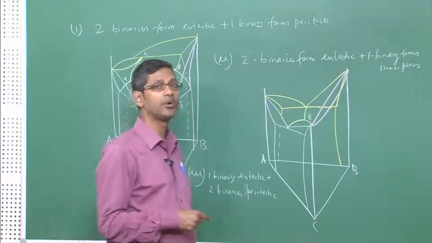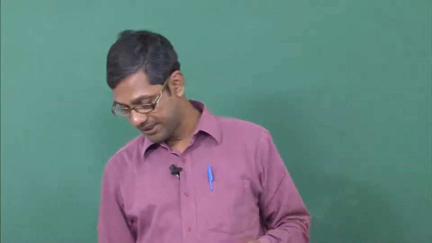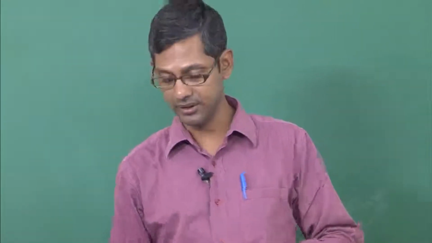All of these will lead to formation of a ternary eutectic inside the triangle, correct. So, with this I conclude the section on these ternary eutectic systems. Now, in the next lecture briefly I am going to tell you about the other two phase equilibria. Okay.